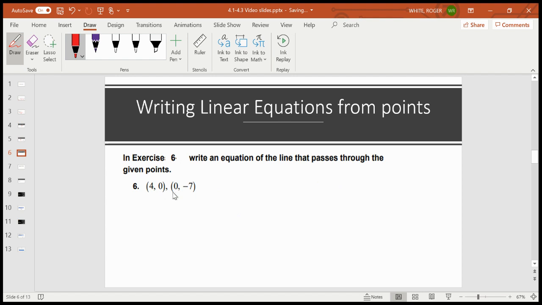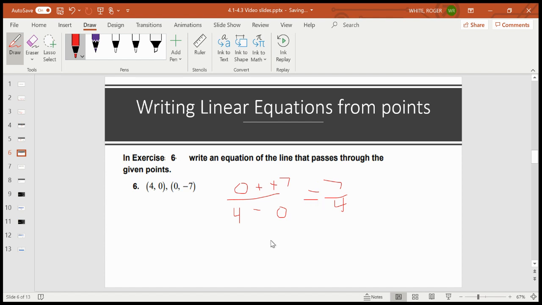All right, next, if we're given 2 points, first we have to find the slope. So our slope is going to be to take the coordinate and turn it so the y value is on top. I'm going to take 0, negative 7, so the y value is on top. And then in between, I'm going to add my negative signs from the formula for slope. A double negative becomes a positive, and that gives me a 7 on top and a 4 on the bottom.